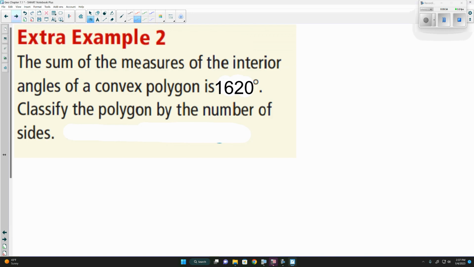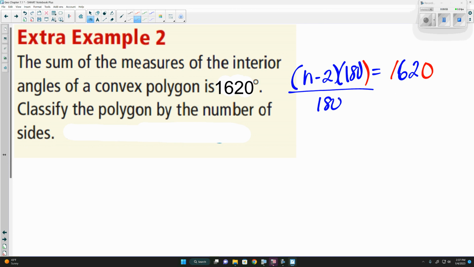Do we need to see another example of finding the number of sides? Let's see. So, first thing we would do is divide by 180.